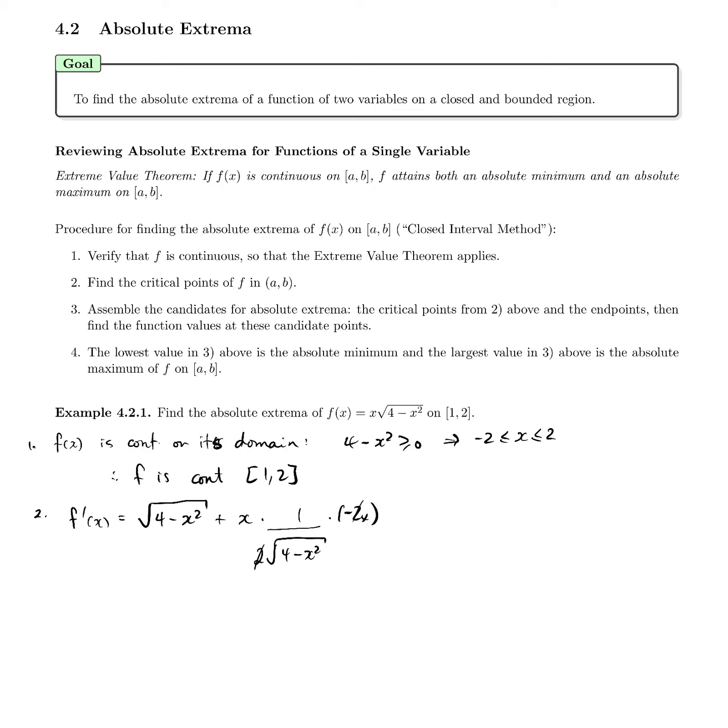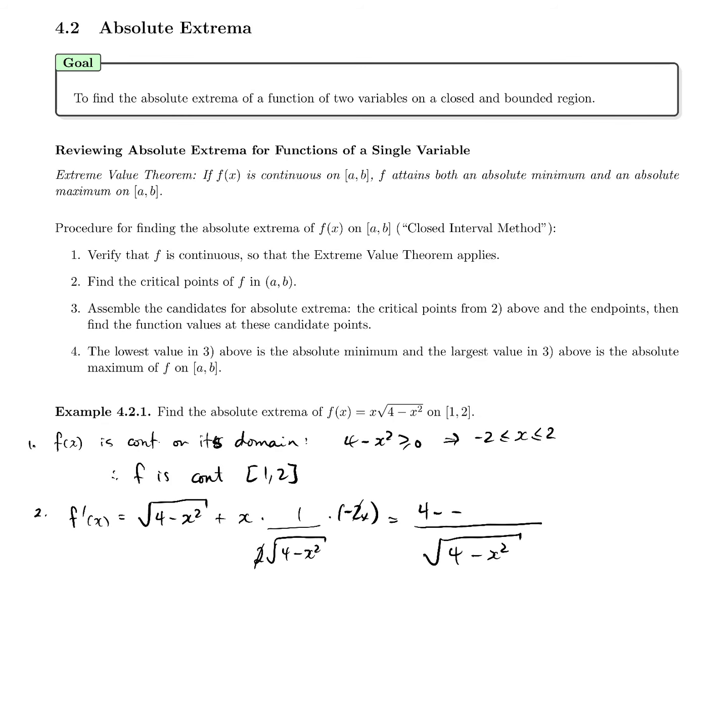Those 2's will cancel, and we can clean up by putting this all on a common denominator of root of 4 minus x squared. And in the numerator, we'll get 4 minus x squared minus x squared, so 4 minus 2 x squared.